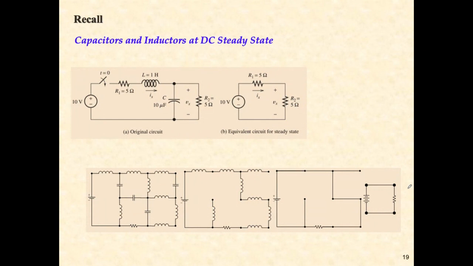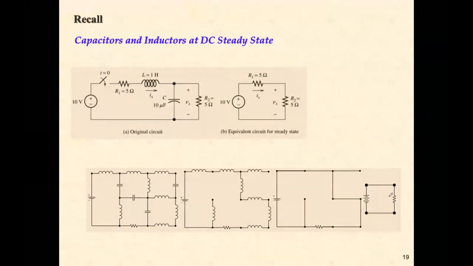And here's a recall. I think you should have learned it in level 2 subjects. That is the beauty of using the DC steady state to analyze the circuit. For example, this very complicated circuit, if we just consider it at DC steady state, can be simplified like this.